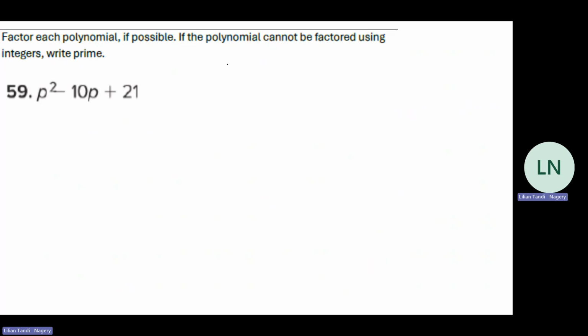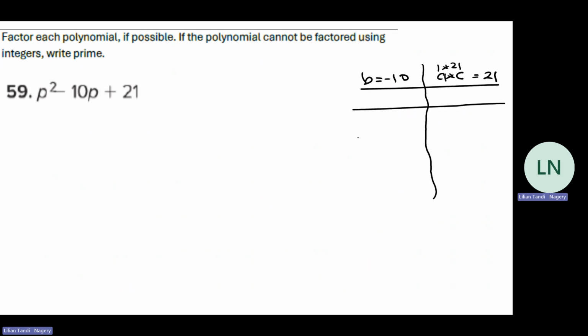Okay, same thing here. I will draw my table. My B is negative 10. My A times C is 1 times 21, which is 21. Factors of 21, and both of them must be negative. Negative 1 times negative 21, negative 3 times negative 7.